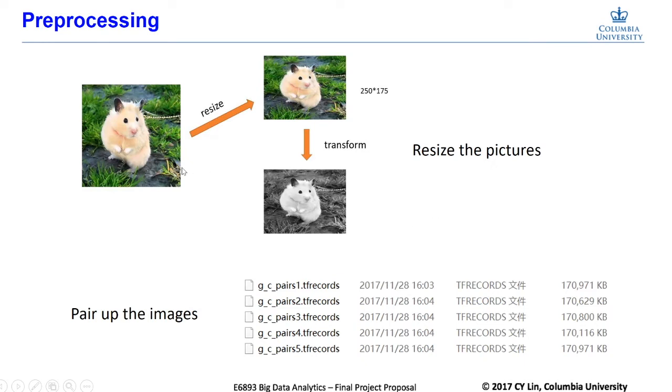During data preprocessing, firstly we resize our pictures and then transform them into grayscale images, and take them as a pair and put them together in TFRecords files, which is more convenient and easier for us to train our model.